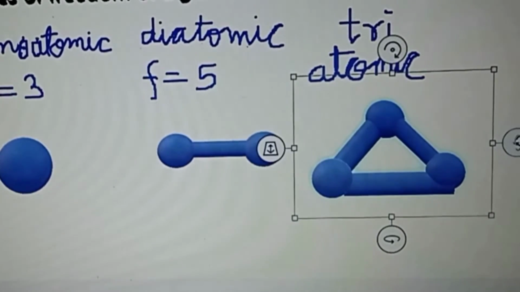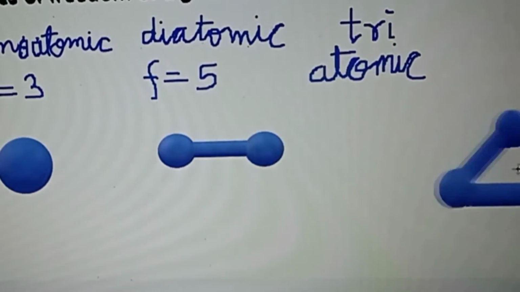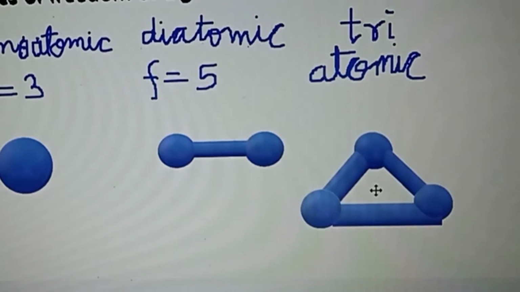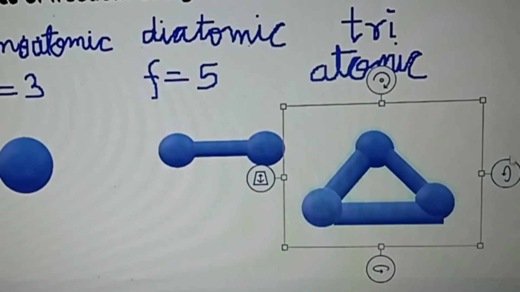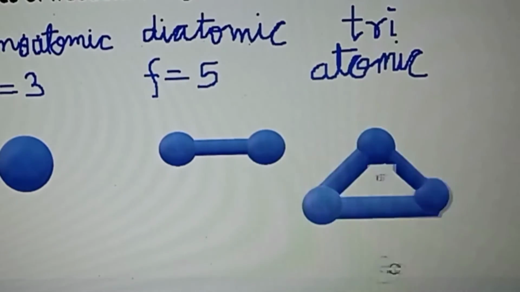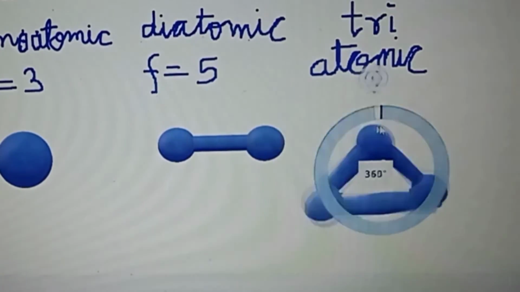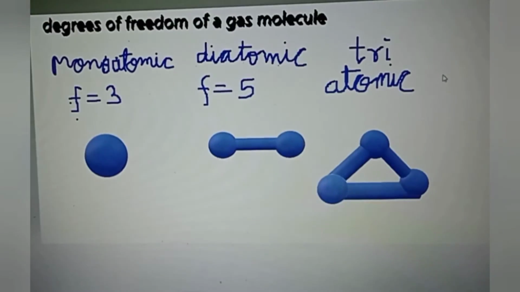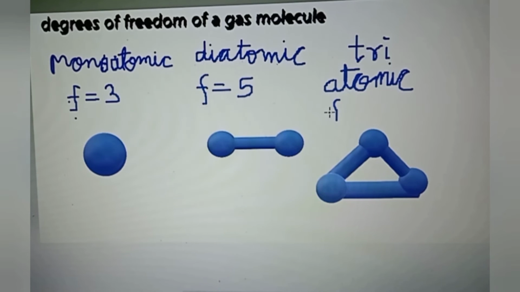In triatomic or polyatomic, there is translational motion along x-axis, y-axis, z-axis. Other than that, rotational: it can rotate about this axis, about this axis, and also about this axis. So there are 3 rotational axes. So the total number of degrees of freedom is f equal to 6.